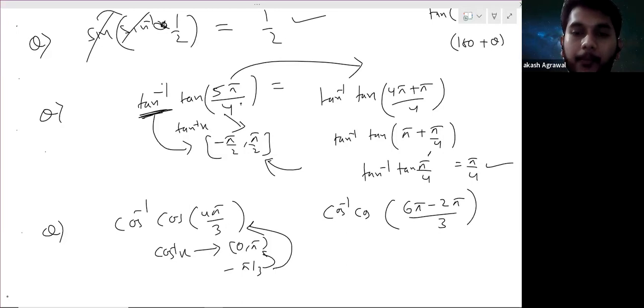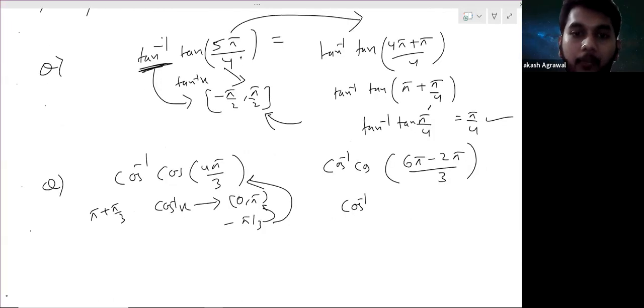Yes or no? 3π plus π/3 also can lie. Yes, but remember this, π plus π/3 जब आप करेंगे तो यही दुविधा आएगी जो आपका आंसर आया है.